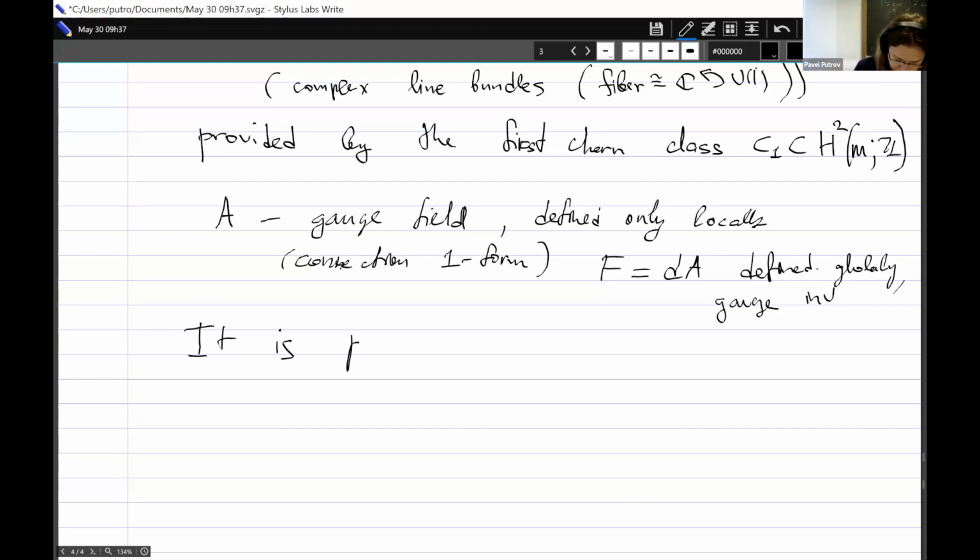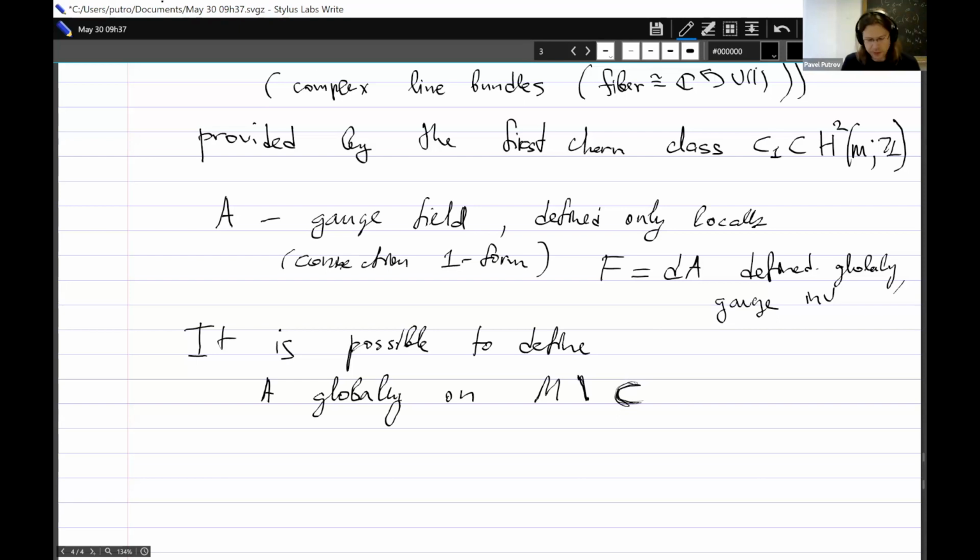It is possible to define A globally on the complement of C, where C is a subspace.